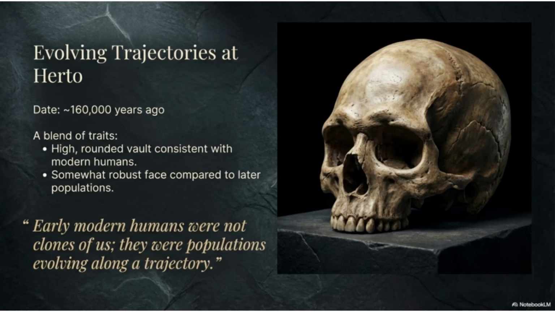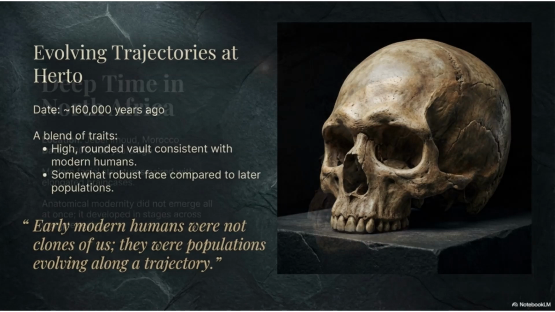A similar pattern appears in the Herto fossils, also from Ethiopia and dating to around 160,000 years ago. These individuals show a blend of traits, a high, rounded vault consistent with modern humans, but also a somewhat robust face compared to what we see later. Think about this as a reminder that early modern humans were not clones of us. They were populations evolving along a trajectory that would later become more refined.